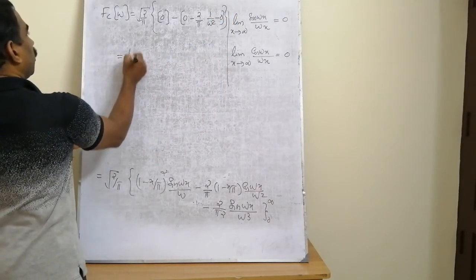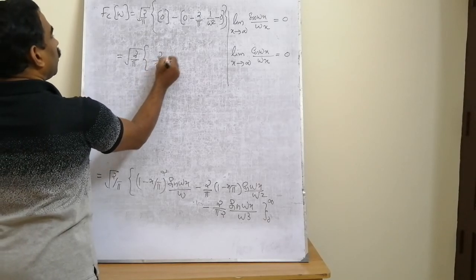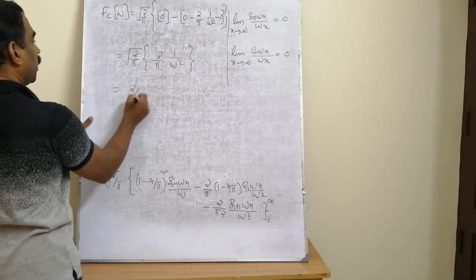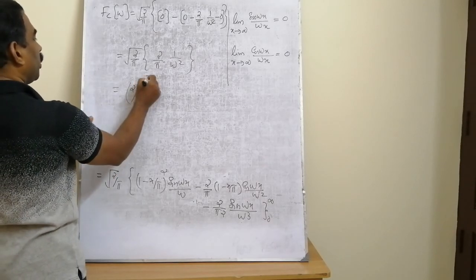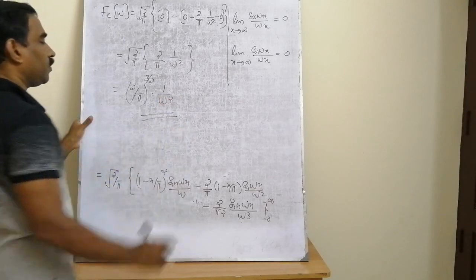This is equal to square root of 2 by pi into 1 by omega square, or we can write this as 2 by pi the whole raised to 1 plus 1 by 2, that is 3 by 2, into 1 by omega square. So this is the answer of the third question.